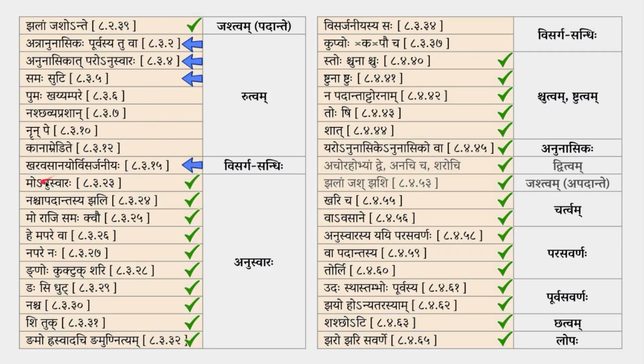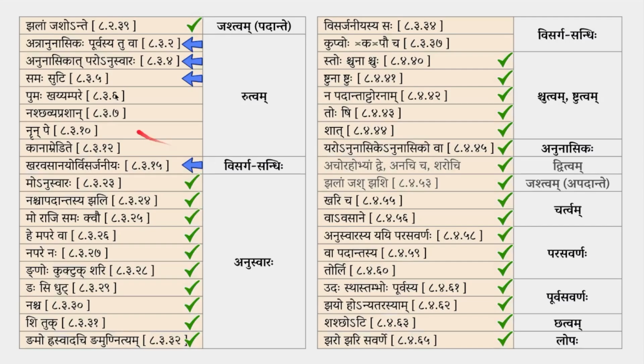Then another, Kharavasaniya Visarjaniyaha, comes in and replaces the Ru with something else. So first the first Vidhi Sutram comes in. The Vidhi Sutram says where we need to place Ru, and these 2 Adhikara Sutrams say what we need to do if Ru is placed. After that, the remaining Sutrams, such as Kharavasaniya Visarjaniyaha, come and say what we need to do with Ru later.